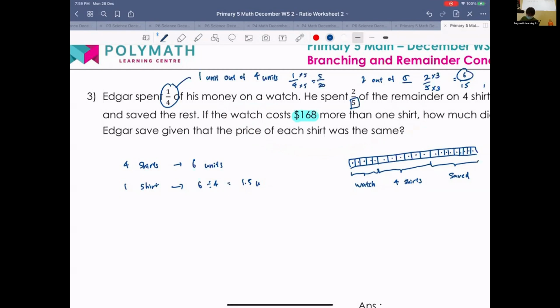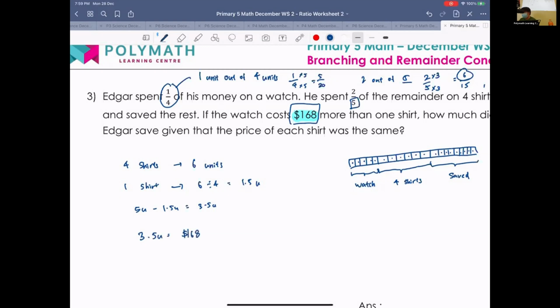So the watch is actually 5 units. The shirt is 1.5 units. So this is 3.5 units, the difference, and that is equal to $168. 3.5 units is equal to 168.